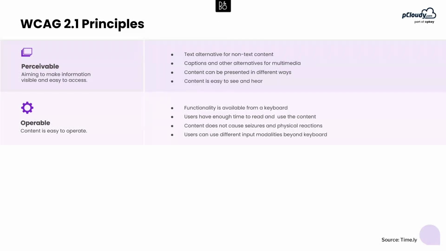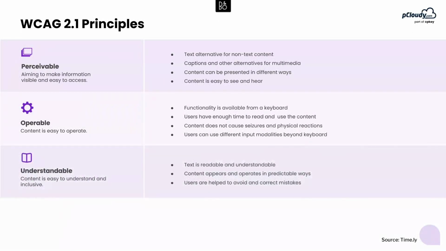And when we talk about other physical reactions, the content should not cause seizures or any physical reactions. So we have to make sure that the content follows the applicable process. And then the users can use different input modalities beyond keyboards. It's not just keyboards, but users should be allowed to use various different input modalities, either through a mouse or any other external device that is connected to the machine.